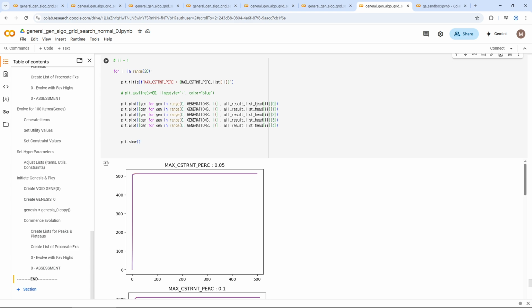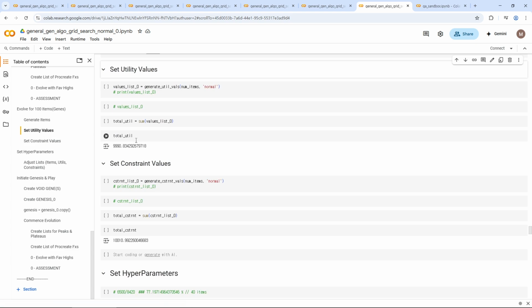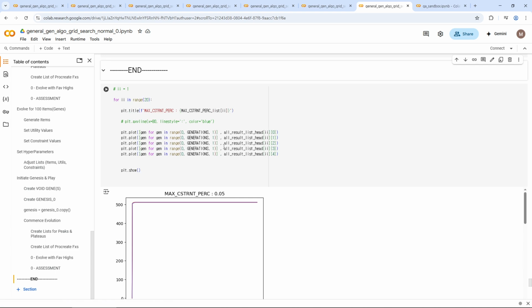So here's what happened to the head. I remember the total sum of utility values in this notebook is 9,990.83 something. So the top should be there.